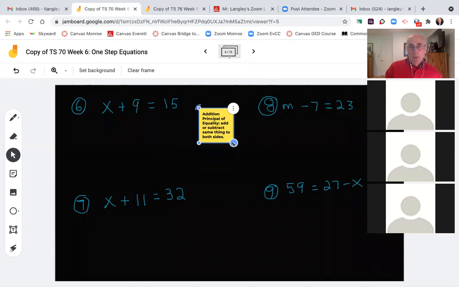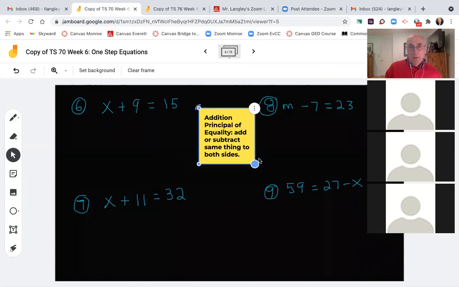I want you to write that somewhere in your notes here, okay? It's called the addition principle of equality. And basically it means, well, I'm giving you a moment to write it down.